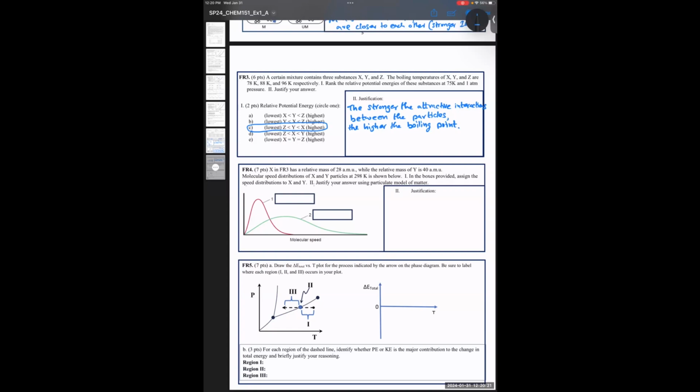They can say that Z has the highest boiling point, therefore it has the strongest attractive interactions between the particles. Okay, and then the stronger the attractive interactions, I'm going to call this intermolecular forces, IMF, so it's easier to write because I don't have much space.